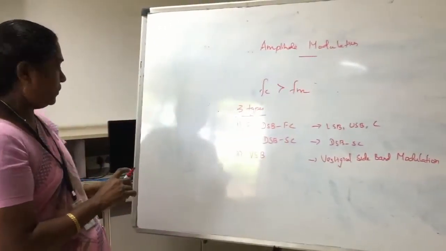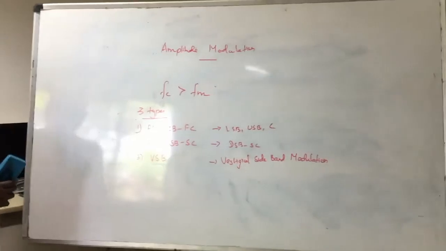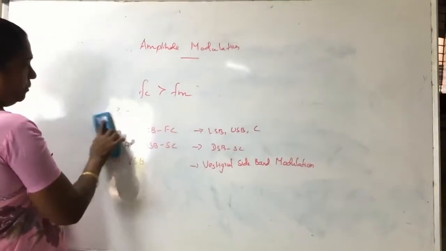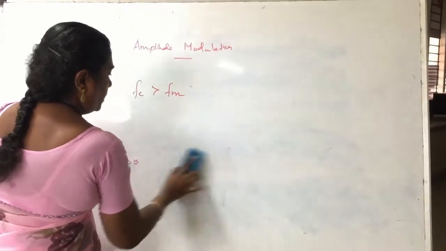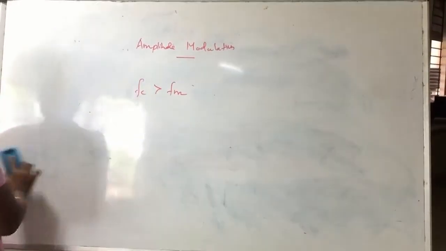To understand the difference between AM DSB SC and DSB FC, you may look at the frequency spectrum of this AM wave. This is the spectrum of the AM wave.